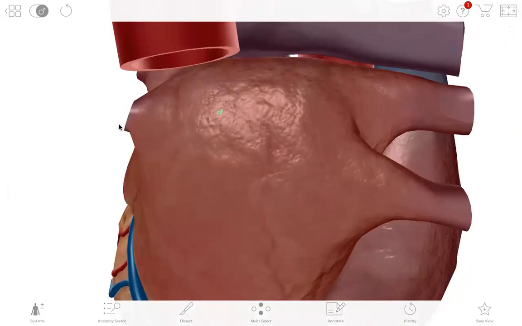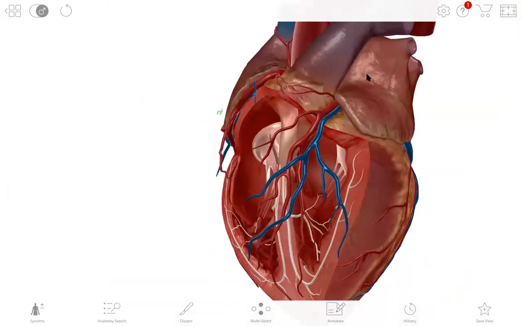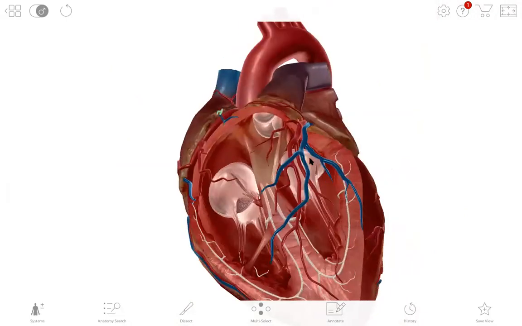These are called pulmonary veins, but they are the only veins in the body that carry oxygenated blood. We used to know that a vein carries deoxygenated blood, but the pulmonary veins which open into the left atrium carry the oxygenated blood. Then from the left atrium, the blood will be pumped through the mitral valve, which is the left atrioventricular opening, into the left ventricle.